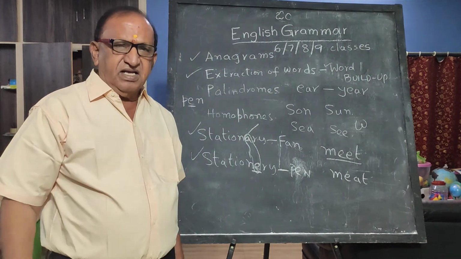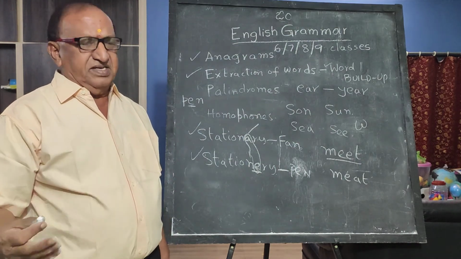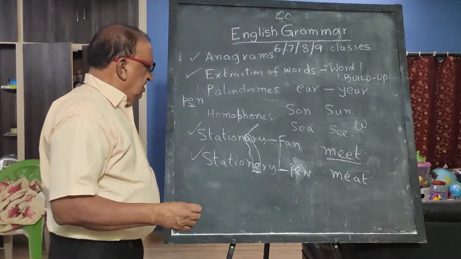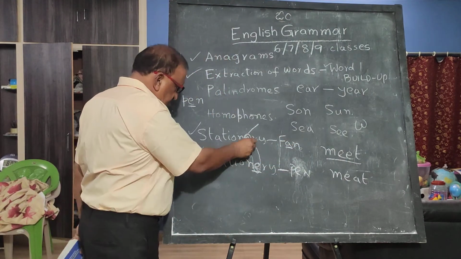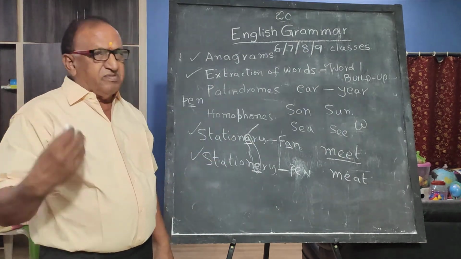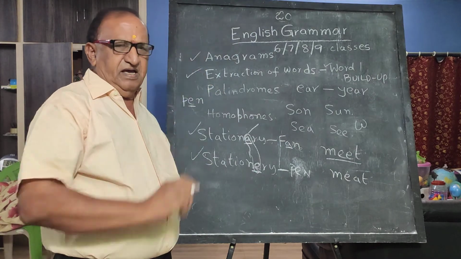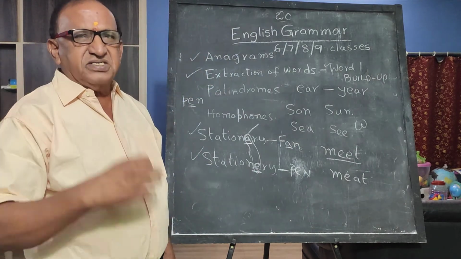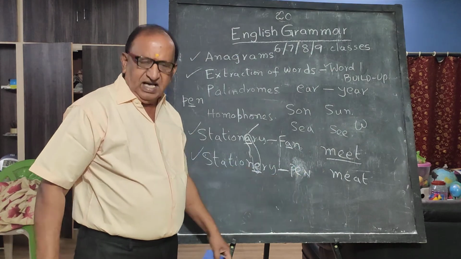Fan is not rotating. You understand me? So stationary fan means not moving. So in the case of the fan, what is the letter here? A. So when you have A here, the way you remember is stationary fan, that means it's not moving, and you use the letter A. Suppose you want to use the pen, stationery shop, then you have to use E because pen has the E as the middle letter.